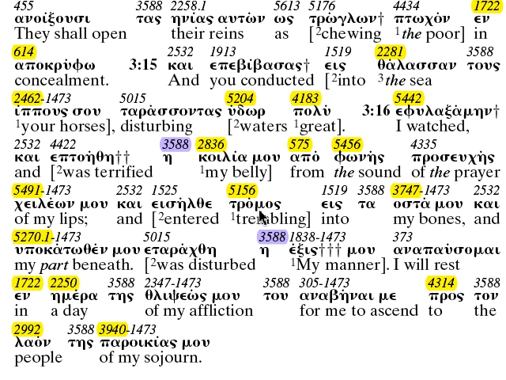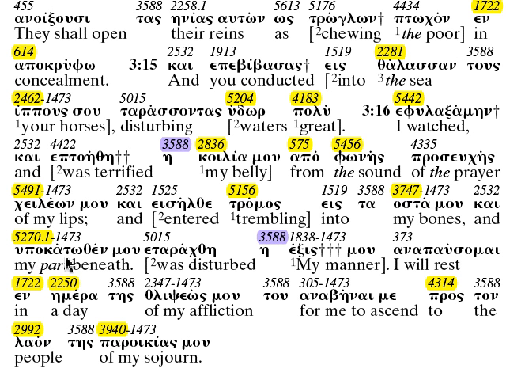And trembling, tromos. Tromometer is an instrument that measures tremors. And trembling entered into my osta, my bones. Osteopath, the person that treats the bones. Osteoporosis, osta. And my part beneath, ipokatothen.